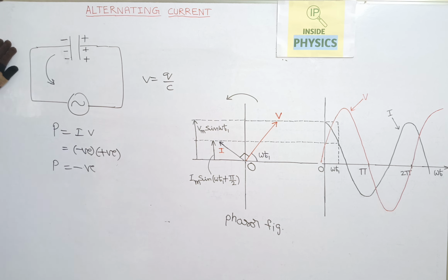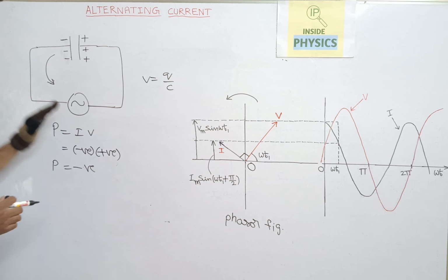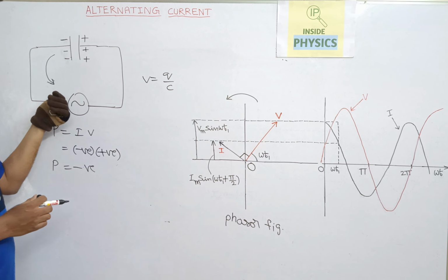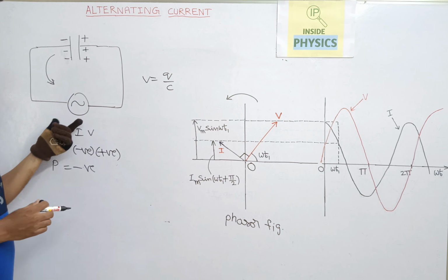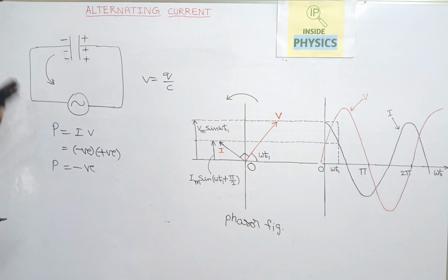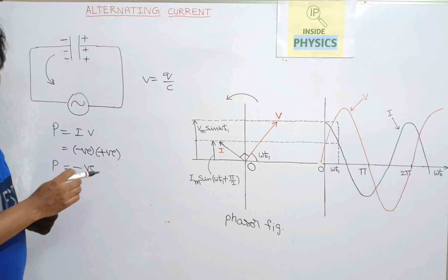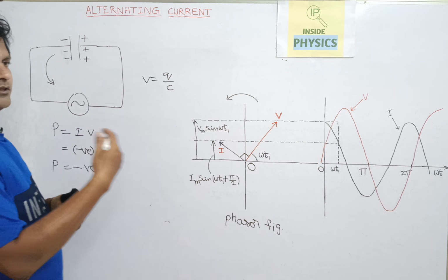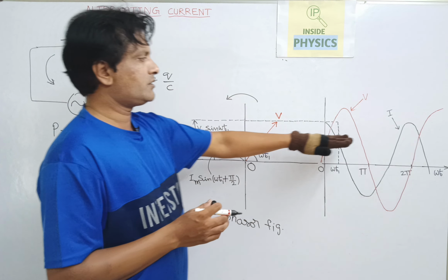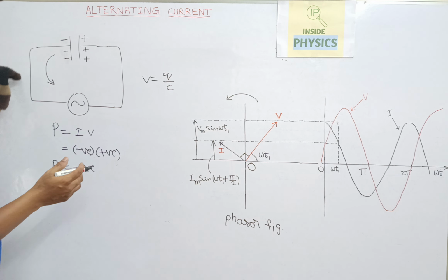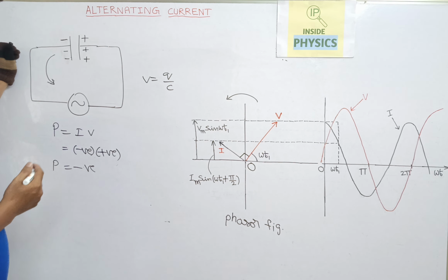Okay, so the power consumed being negative means it is giving back the power to the same alternating source. So in these four cases, the power consumed is given back to the source, on the positive side, and on the negative side also, when the current is reversing its direction.